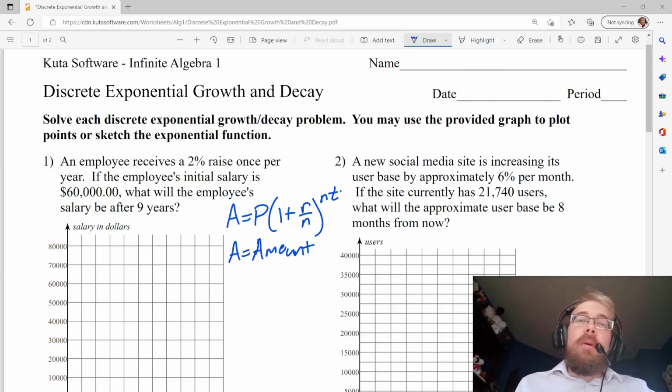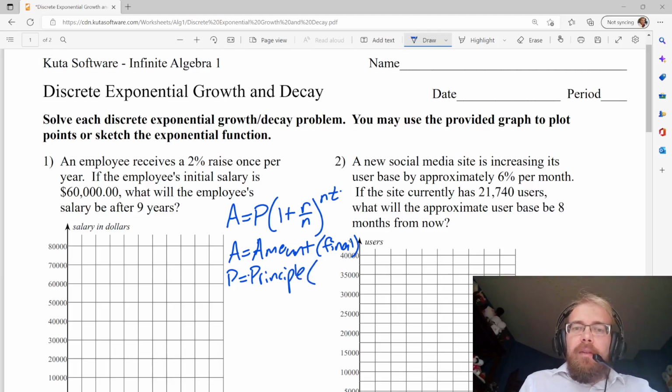Sometimes you know what the future value is and you're solving for the initial amount. So A is the amount, or maybe we should say the final amount, versus the initial amount. P actually stands for principal, which is a little bit of an older word, but it just means the first amount. So the first amount versus the final amount.